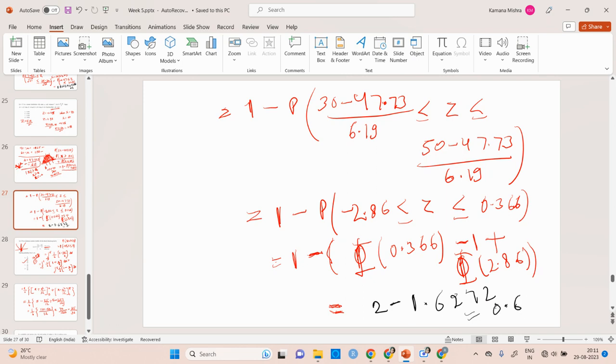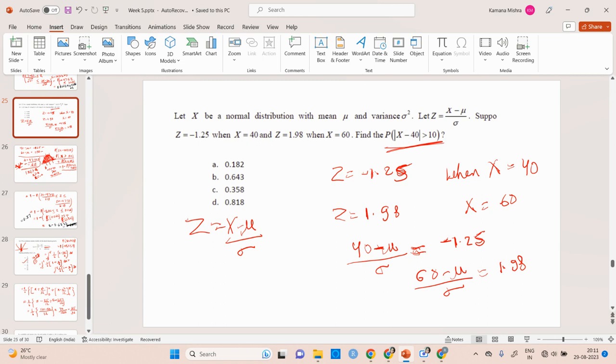So sorry, this will be 2 minus 1.6272, which will be 0.37, or 0.35, whatever is nearby. So it is about 0.35. So this is the solution.